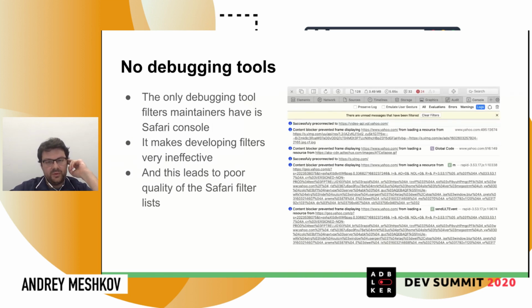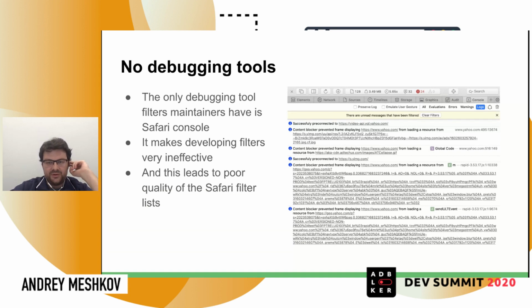Let's start with something simple, though, and something that doesn't have any solution. Safari content blocking comes with no tools for debugging content blocking. The only tool that filter maintainers have is the browser console, where they can see which requests were blocked. And this is kind of it. As you can see on the slide, well, I guess you can, but anyway, believe me, from the console output, it is impossible to understand what rule is blocking this or that request.